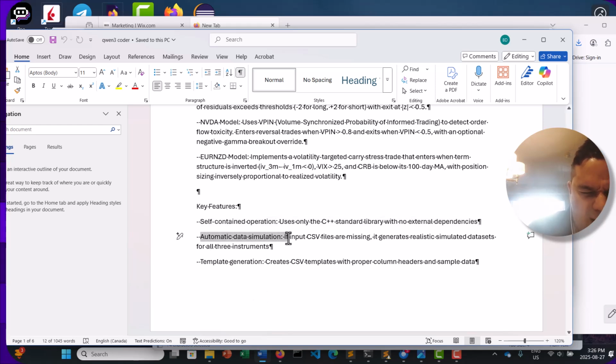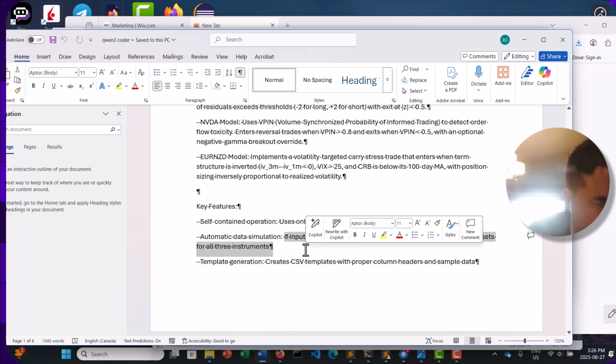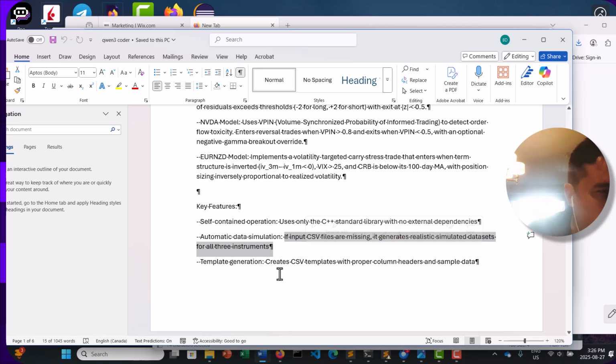So we've got automated data simulation. If the input CSVs are missing, it generates realistic simulated data sets for all three instruments. I ask for that as close as I can, but when you provide the real data, be it futures and options, specifically the option chain data, the quant shops will say order flow, as far down as it can.